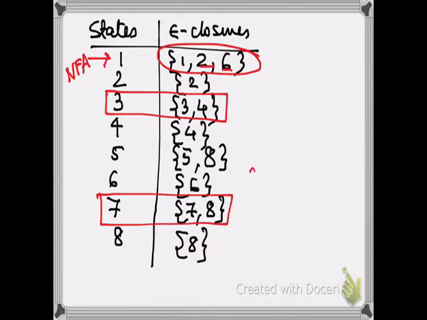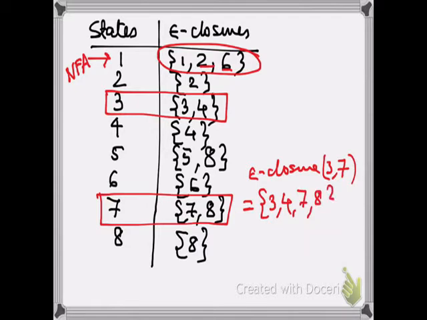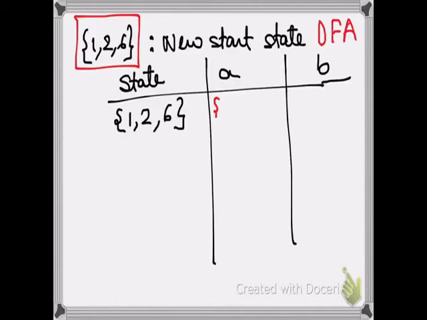So what we get? Epsilon closure of 3 and 7 is 3, 4, 7, 8. So this would be our transition here. 3, 4, 7 and 8.